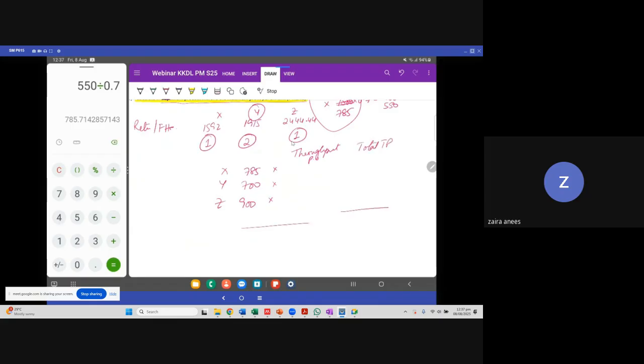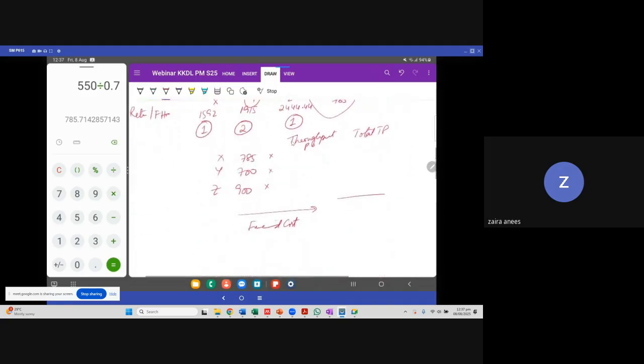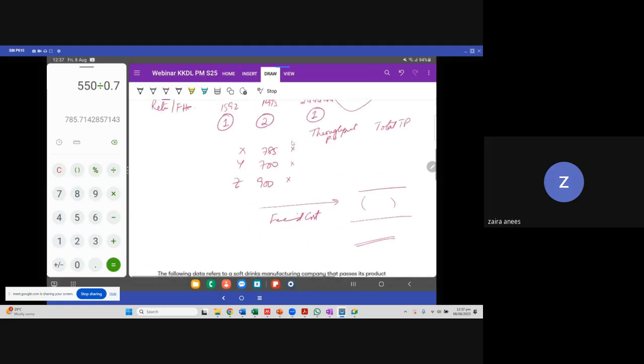And after getting the total throughput, we just need to deduct the fixed cost. Fixed cost is this one, 180 plus 133. We just need to deduct that fixed cost, we will get the profit. Right? So that's basically how we can do this.